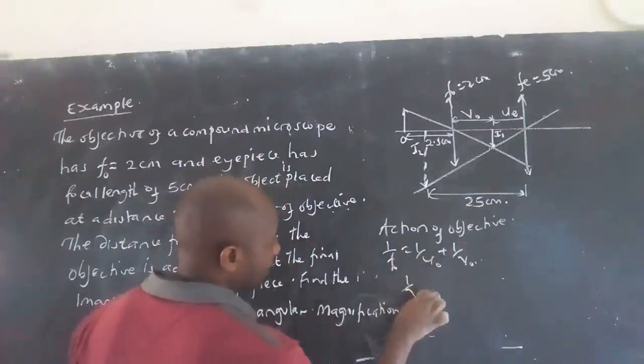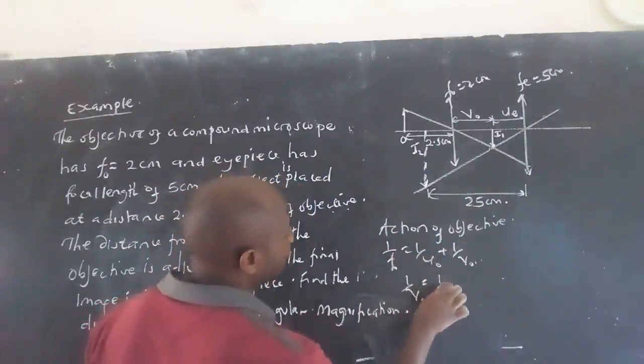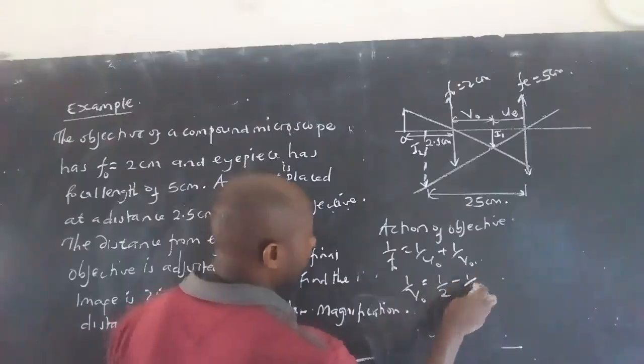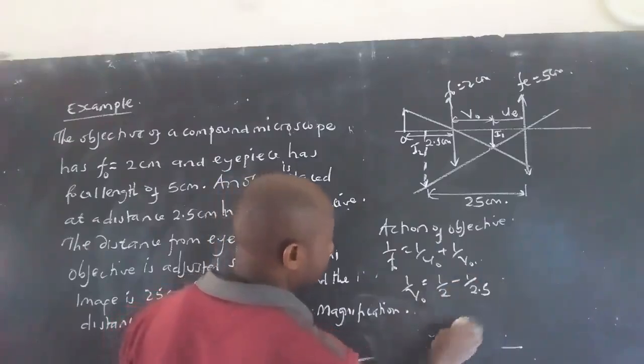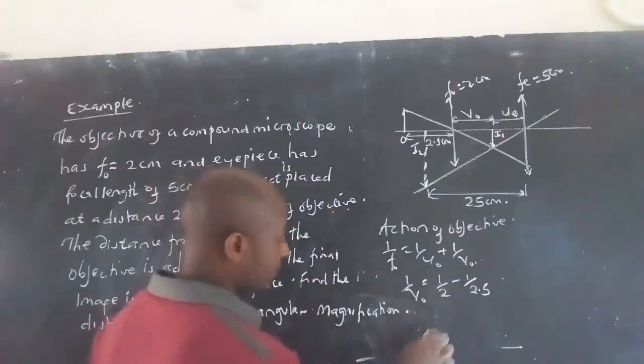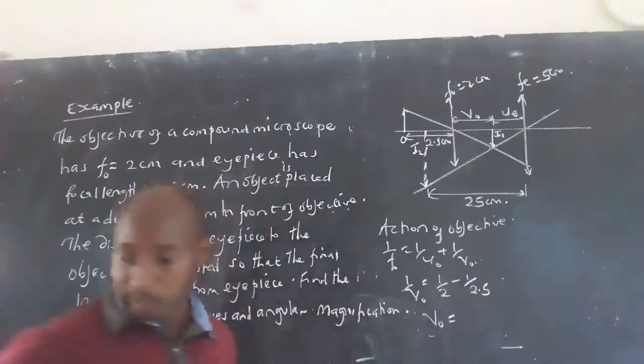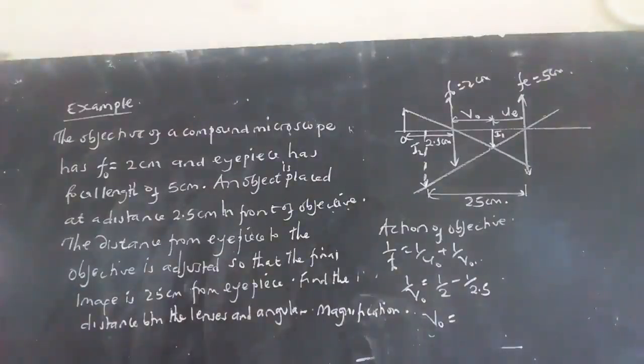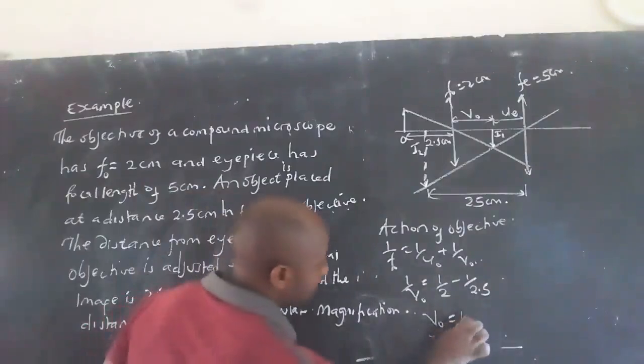So 1 over v0 will become 1 over 2 minus 1 over 2.5. The LCM is 5, so when you use a calculator, you'll be able to get v0, which is 10 centimeters.